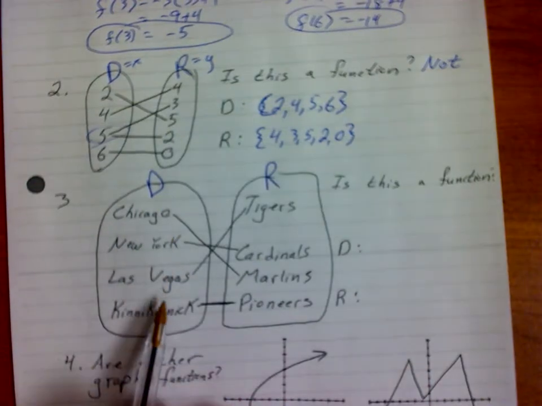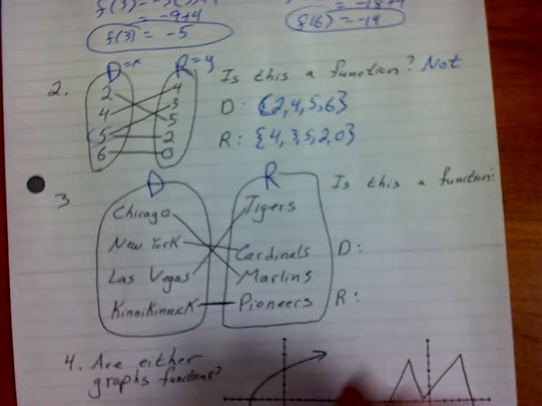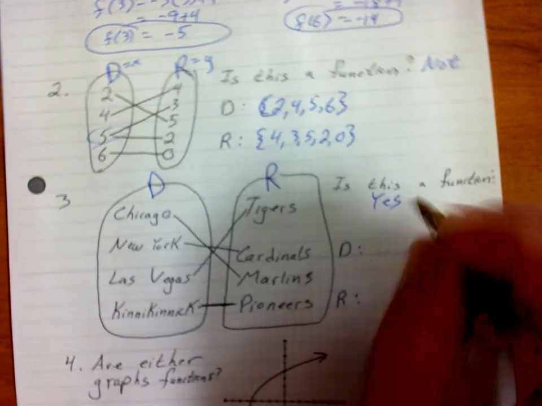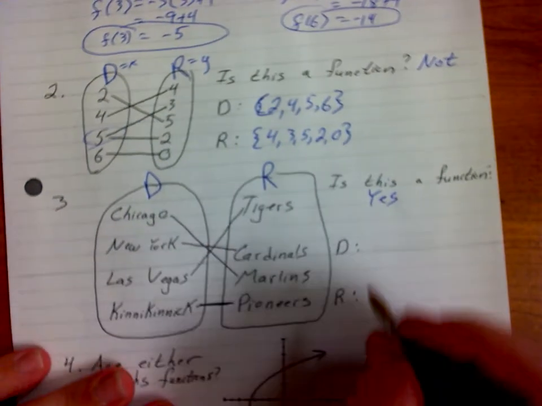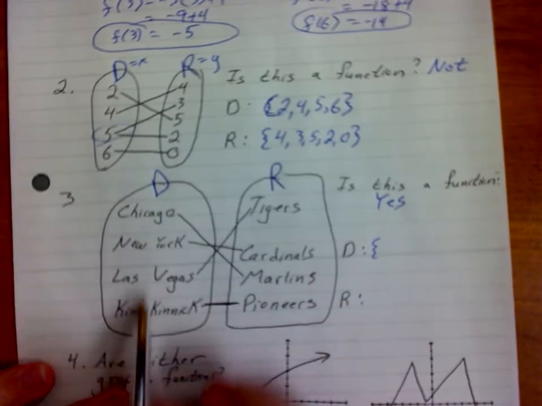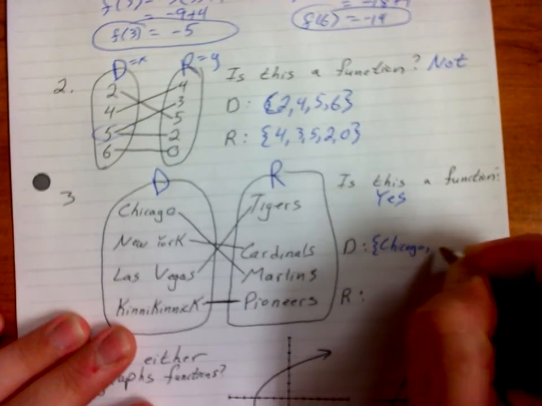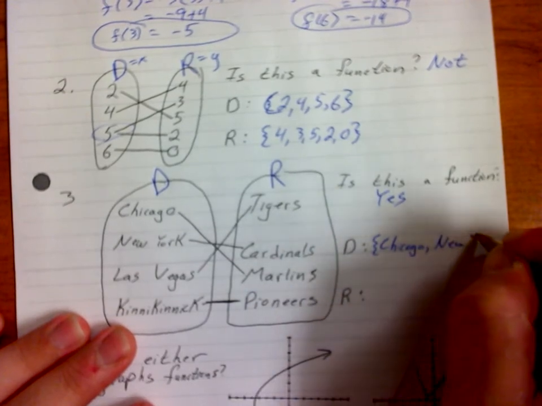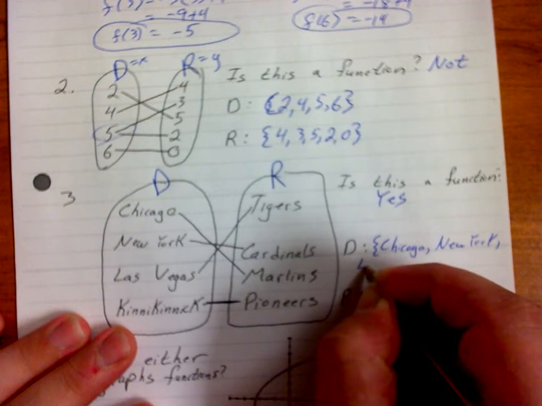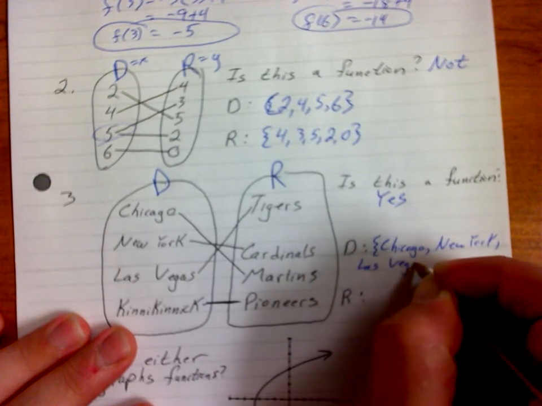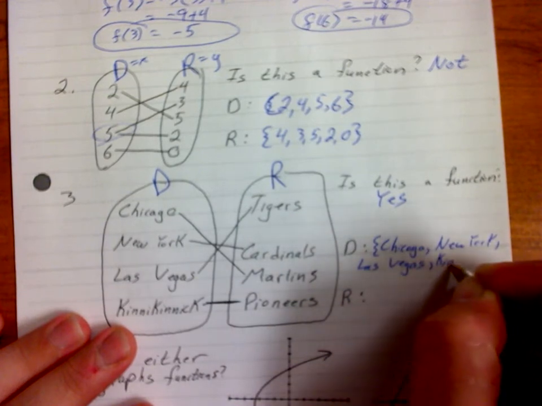Chicago has one, New York has one, Las Vegas has one, and Connecticut has one. So yes, this is a function because they only have one line coming off of them, and we still would list our domain as all the elements in the domain circle. Okay, that would be Chicago, New York, Las Vegas, and Connecticut.